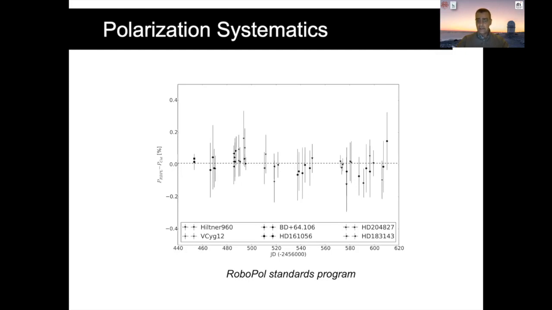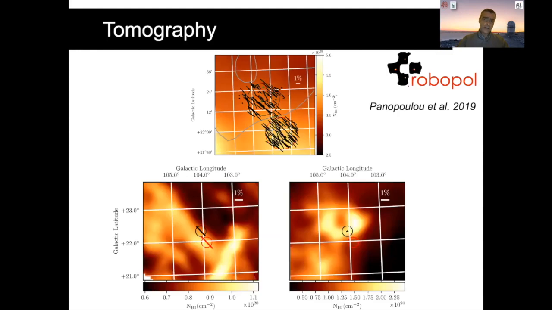The resulting list of polarimetric standard stars will be published this summer. And while WALOPs are being developed, we have used RoboPol for a pathfinding first demonstration of the magnetic tomography technique.